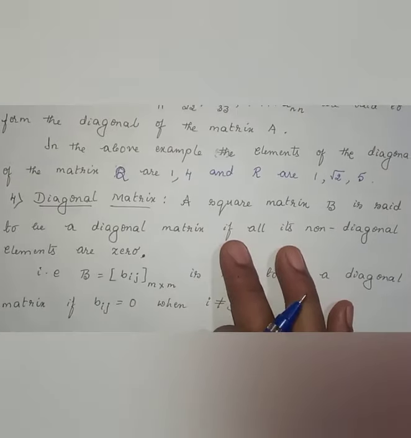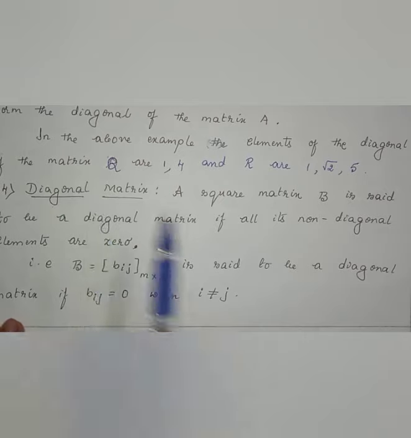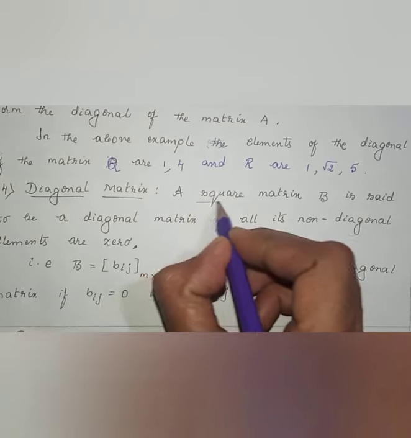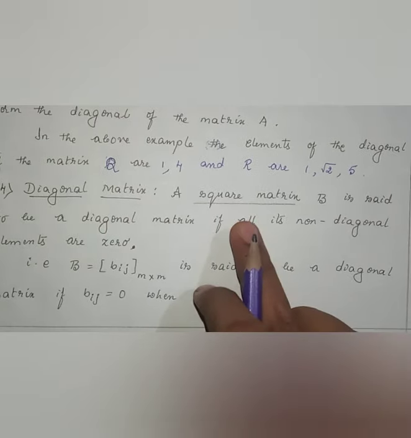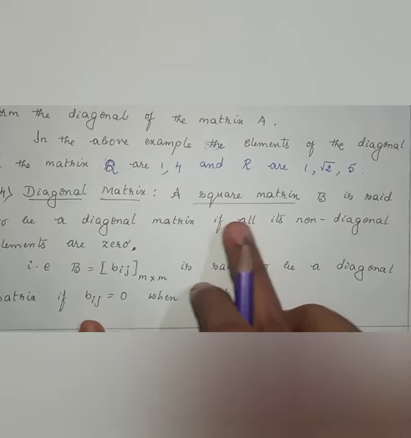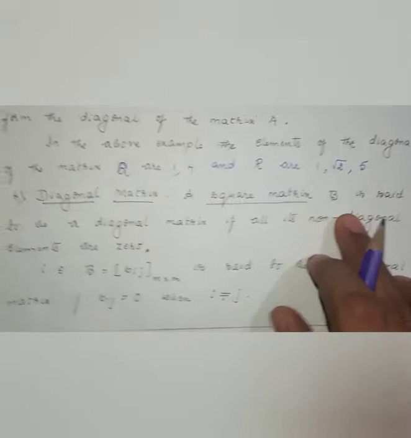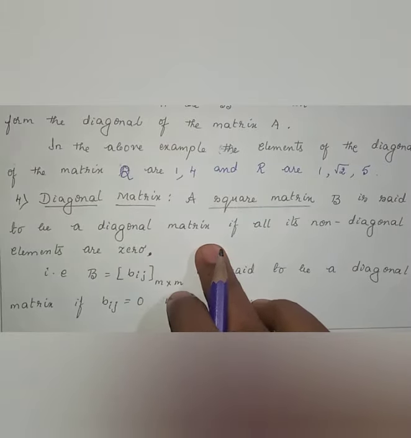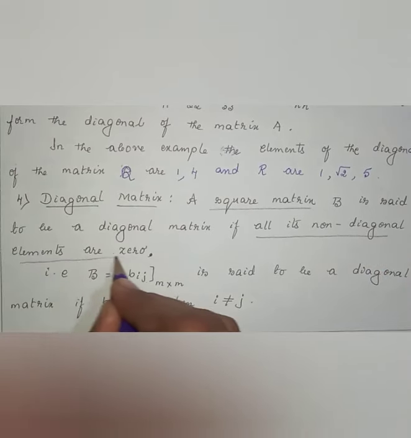Next we define the diagonal matrix. To define the diagonal matrix, the matrix should be a square matrix. First of all, that matrix should be a square matrix. So a square matrix B is said to be a diagonal matrix if all its non-diagonal elements are 0.